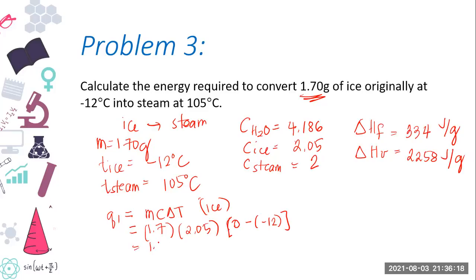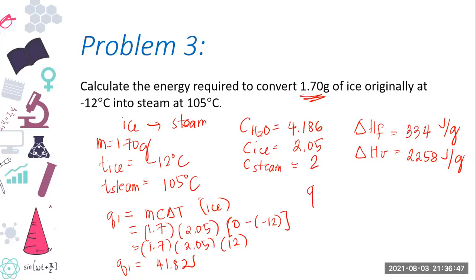So this is 1.7 times 2.05 times positive 12. Where is that coming from? You're bringing it to 0 from negative 12, so your final temperature is 0 and your initial temperature is negative 12. That's why this is a positive 12. So Q1 here now is 41.82 joules. Okay, that is the first stage.